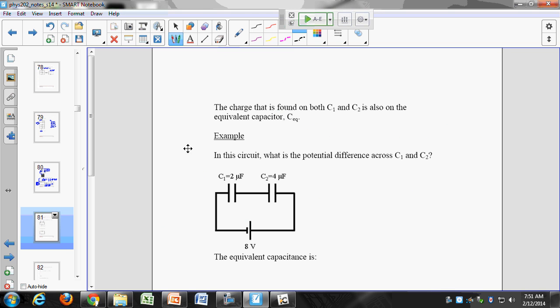Let's try another one. Now, this isn't really a rule, but the charge that's found on C is the same on capacitors in series. That was our rule number 1. Caps in series have the same charge.